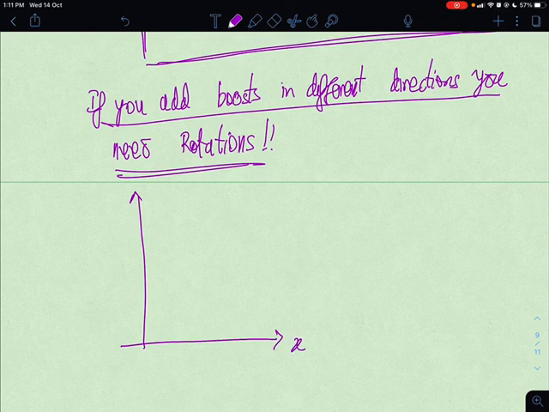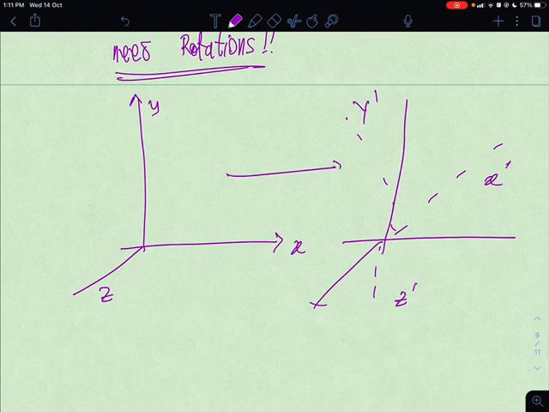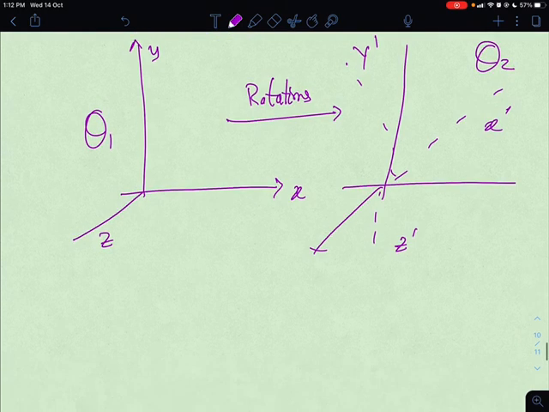So you will have x, y, and z, and possibly x prime, y prime, z prime. So these are rotations of frame. This is O1, this is O2. You have transformations between these two, which are just ordinary space rotations.